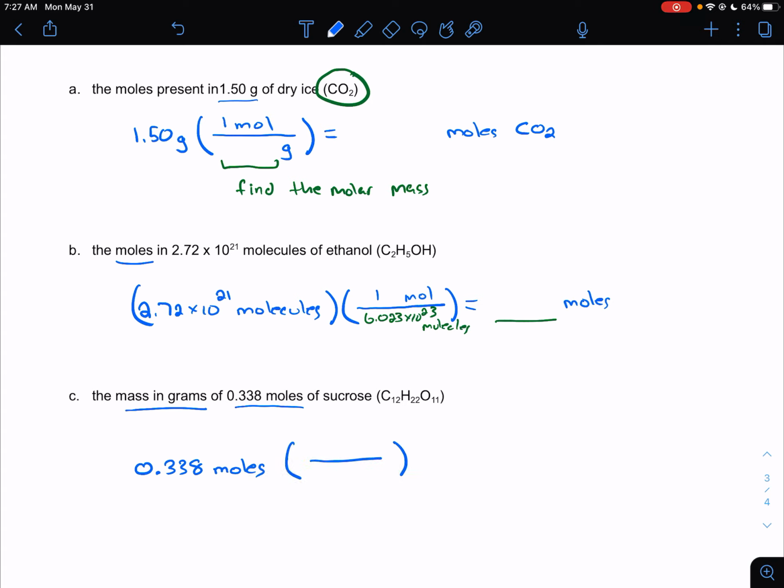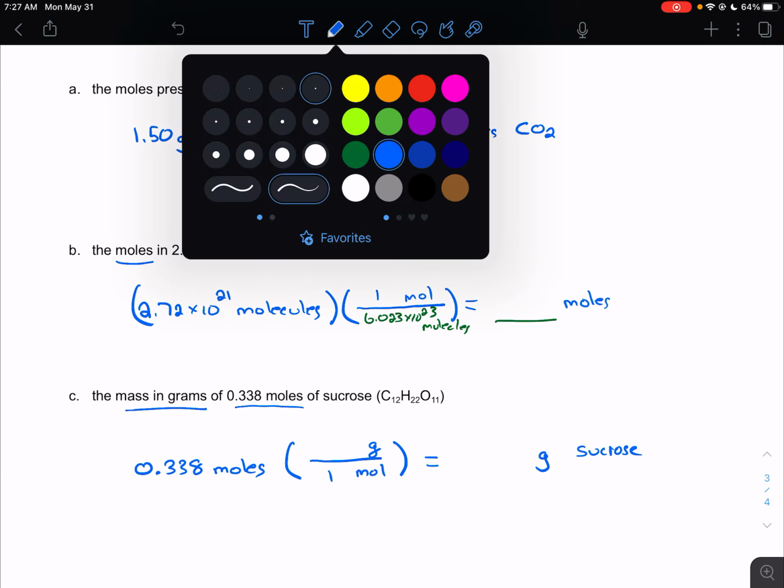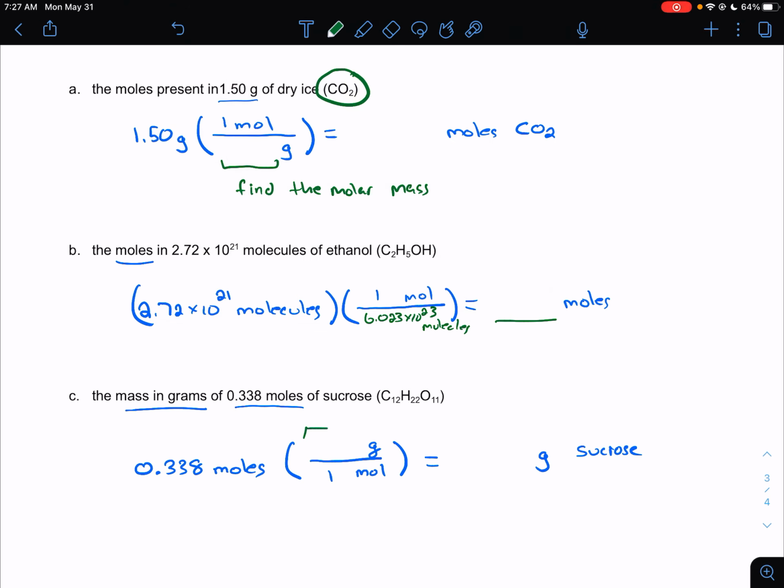So that conversion factor again, grams we want to keep, moles we want to go away to get our grams of sucrose. And that missing number on the top of our fraction here is going to be the molar mass of sucrose, which again, we're going to have to calculate from the periodic table from that formula.